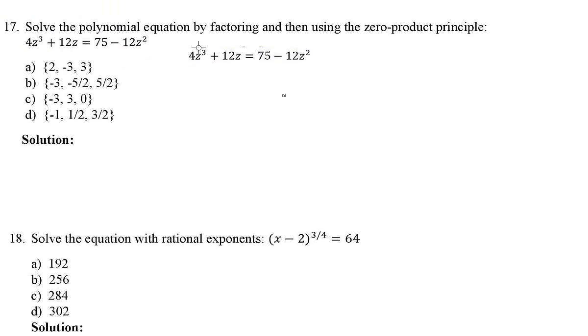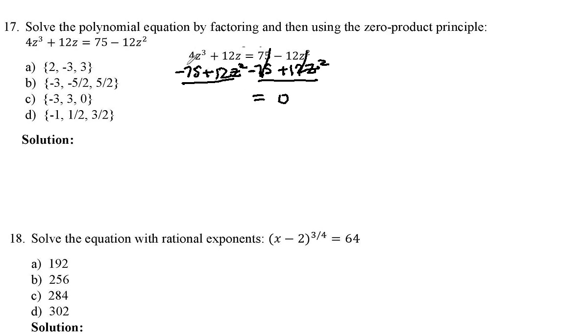So since our highest power is the z cubed, and that's on the left-hand side, let's take these terms and bring them over on the left. So let's go ahead and subtract 75 from both sides, and then add 12z squared to both sides. So on the right hand side, both of those cancel. We are just left with a 0.